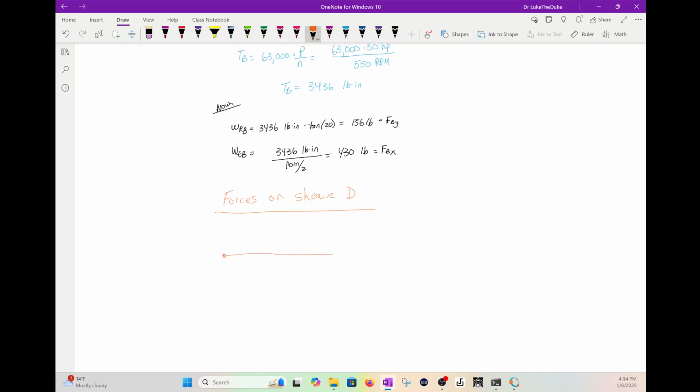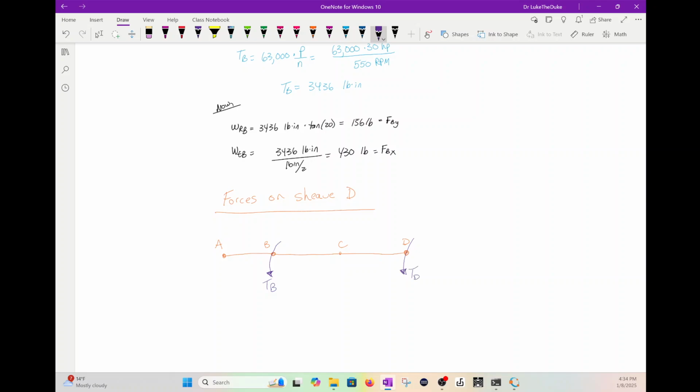Let me draw the shaft. So this is A, B, C, and D. What we have is a torque, TB, here, and that'll be the torque over here.